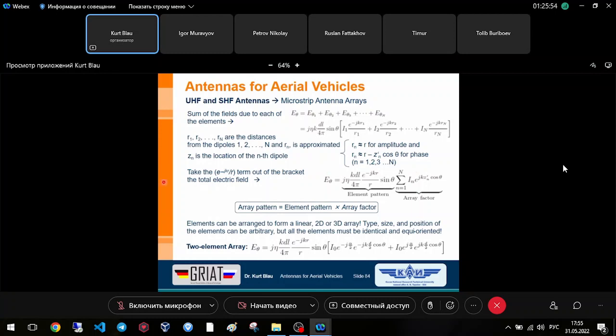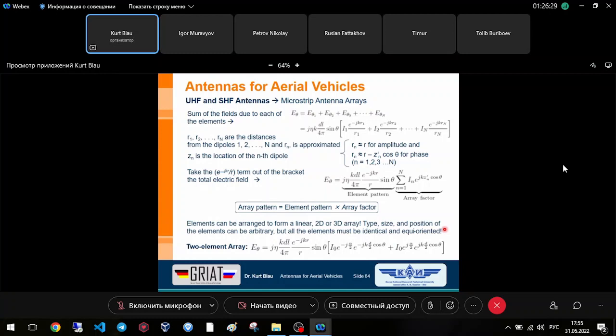The elements can be arranged to form a linear, two-dimensional or three-dimensional array. The type, the size, and the position of the single elements can be arbitrary, but all the elements for this formula must be identical and equi-oriented, meaning the elements cannot have, let's say, another polarization orientation.